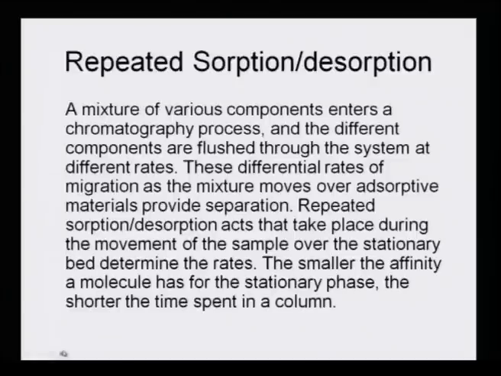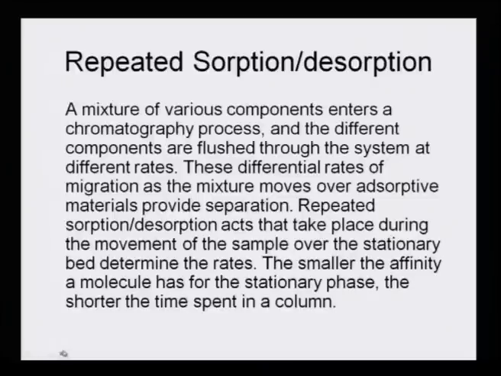Repeated sorption and desorption. As I mentioned a little while ago, a mixture of various components enters a chromatographic process and the different components are flushed through the system at different rates. These differential rates of migration as the mixture moves over the adsorptive material provide separation.